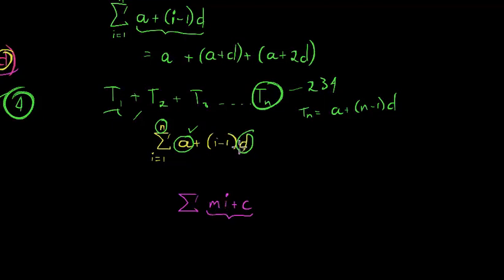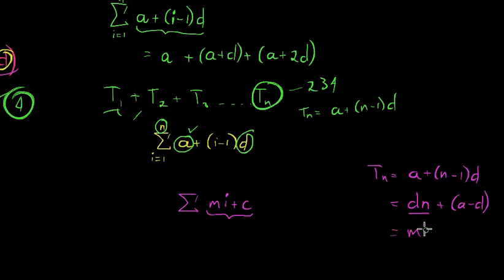So for this one, tn is equal to a plus n minus 1 times d. Look how it simplifies to look like a linear graph. I multiply n and then I get dn plus a minus d. And see how I got there? I've got the d times n is my dn, and the a, and then the minus d comes from there. You see that? Now why do I say this is linear?